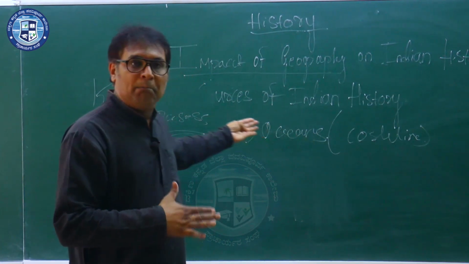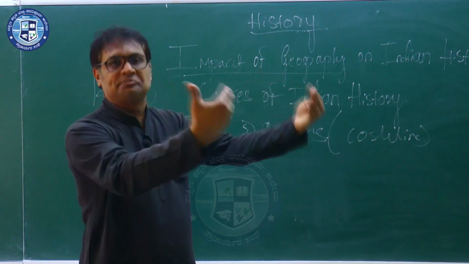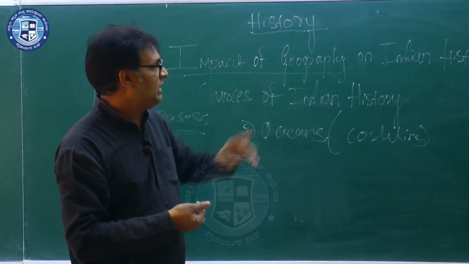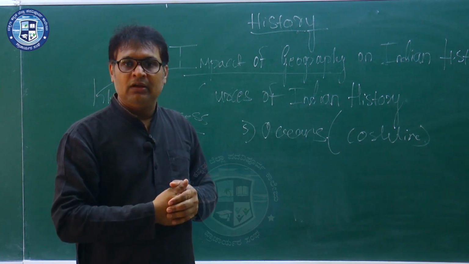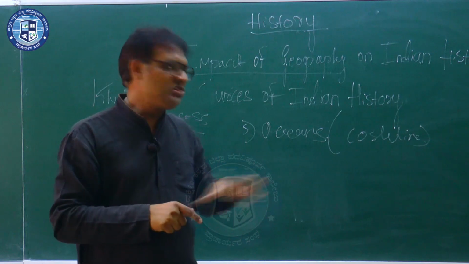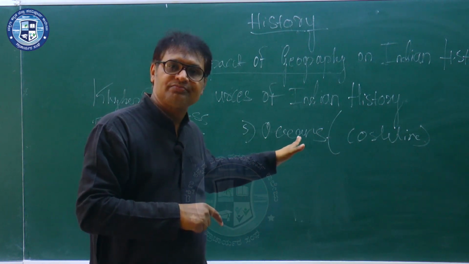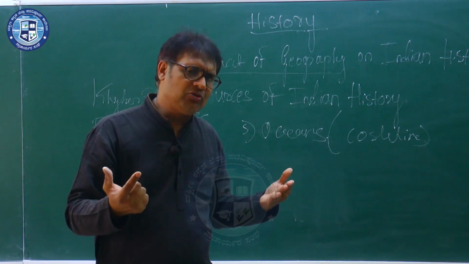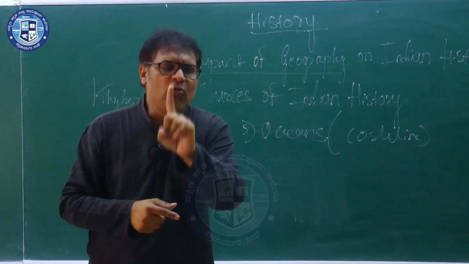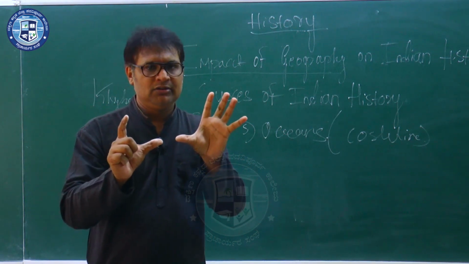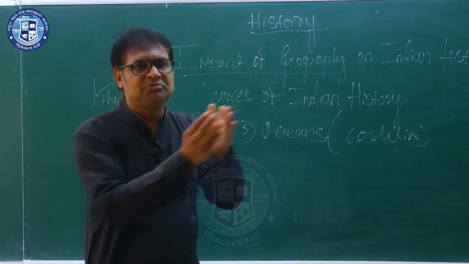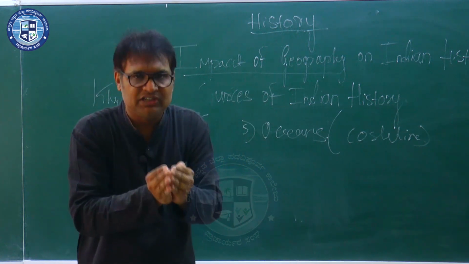So this was the medium of transport during ancient time. In ancient history, this played a very important role, because as I told you already, it was the only way to create a link between West and East during ancient time.